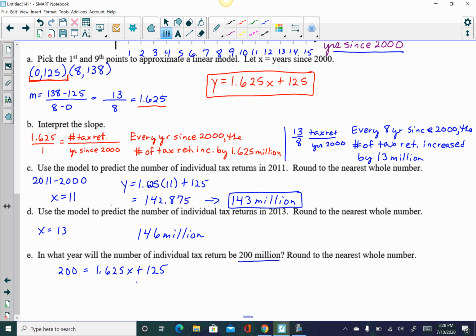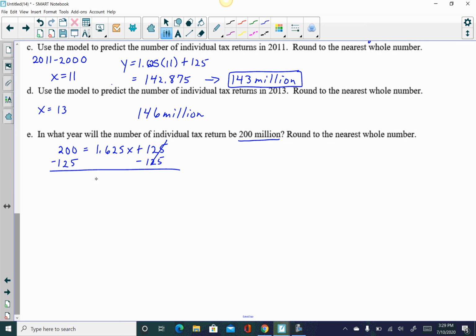We'll subtract 125, trying to get closer and closer to getting that x all by itself. And cancels out, so 1.625x equals 75. Divide by 1.625, and so x equals 46.